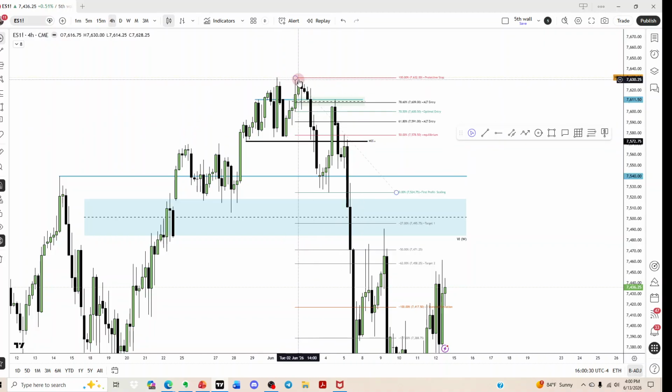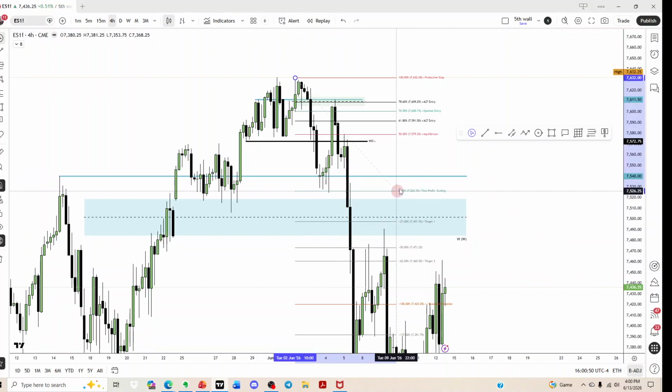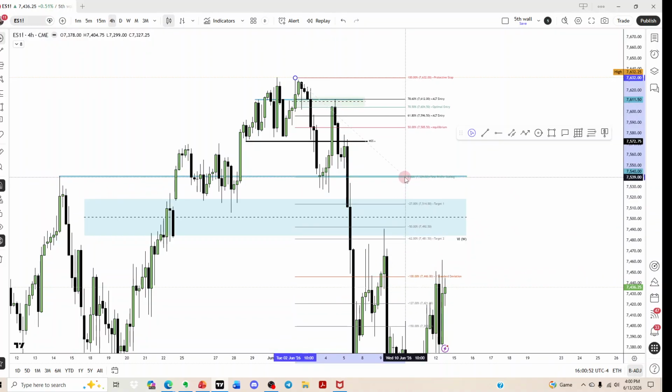And you can do like ICT and not use the wicks. For me, I'll leave it like this. But if it's a substantial wick like this one here, then I'll use the lowest body. I anchored it from this high to this low here, but because of this wick, I'll use the lowest body, and I'm eyeballing it. Lowest body is on this candle here.